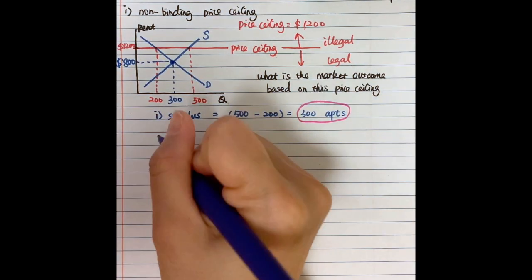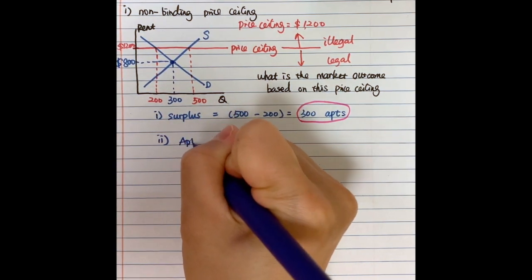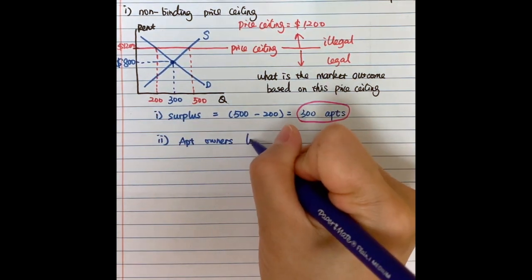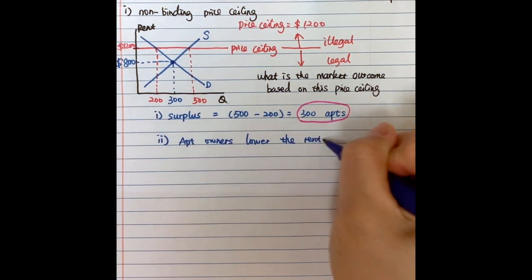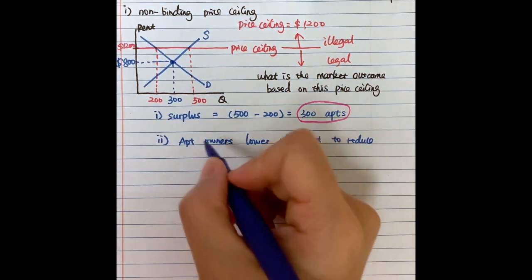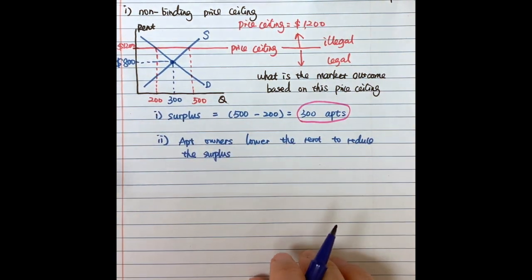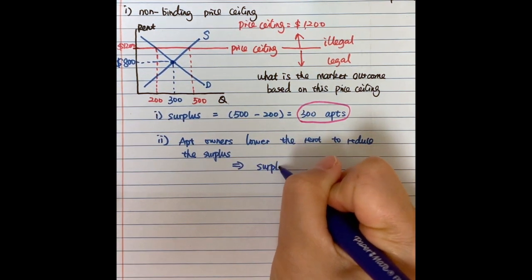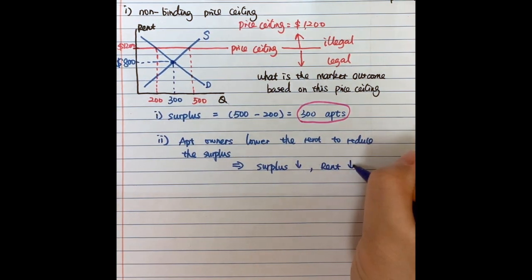As we mentioned, now the market is facing a surplus, so the apartment owners can lower the rent to reduce the surplus. So what happens in the market? The surplus would decrease, and the rent would decrease.